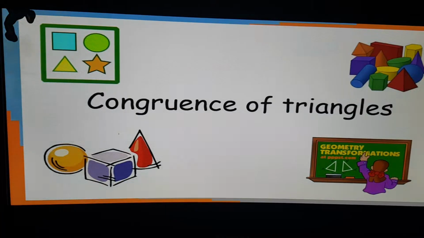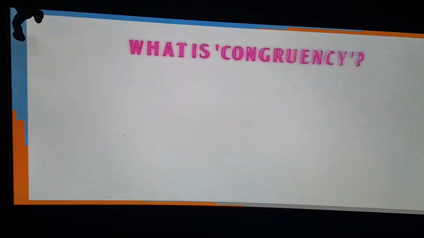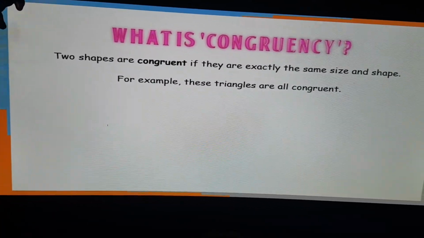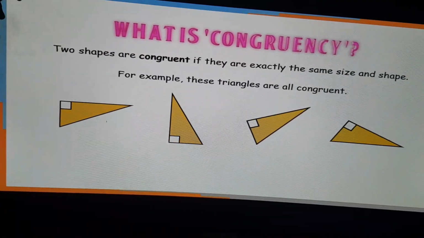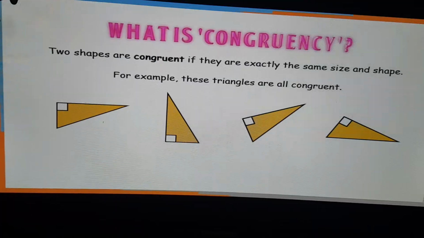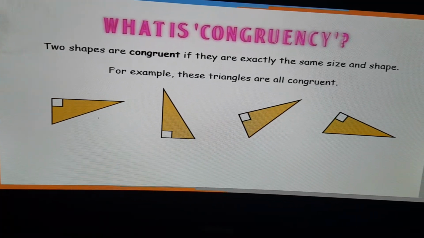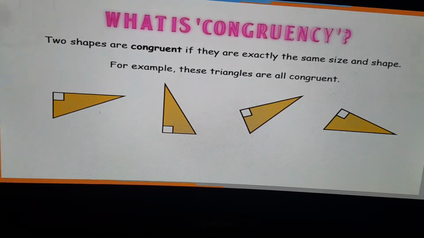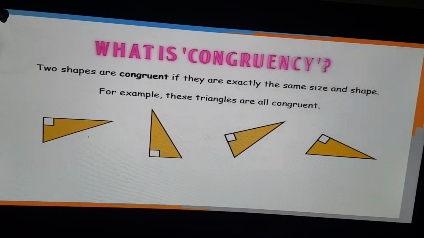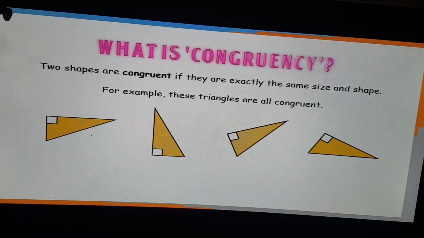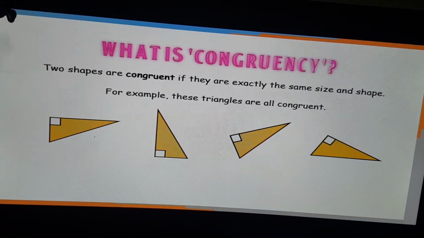So before we continue, I would want you to understand what the word congruency is about. Two triangles or objects are congruent when they are exactly of the same shape and size, irrespective of the position of the shape, whether it's reflected or rotated.